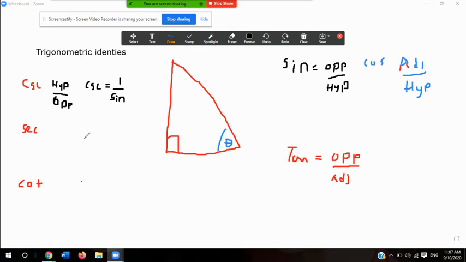Okay, now if I look at the secant, I know that the secant is the opposite of the cosine, so if cosine is adjacent over hypotenuse, the secant would be hypotenuse over adjacent. Hypotenuse over adjacent.